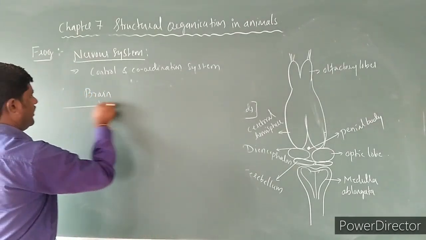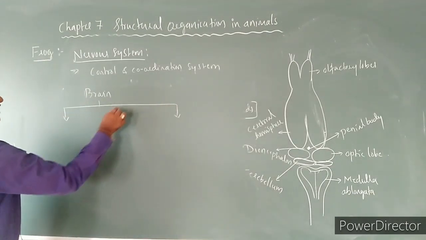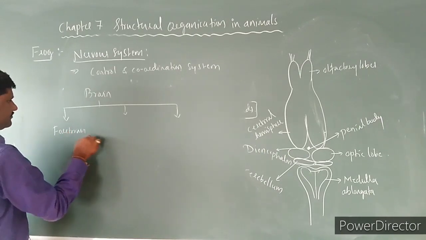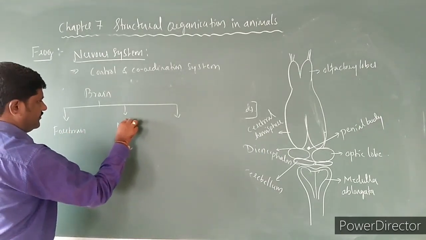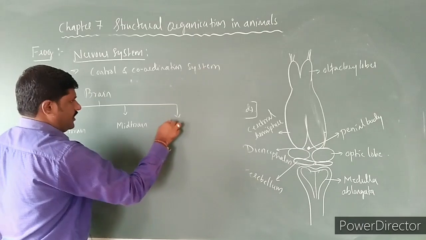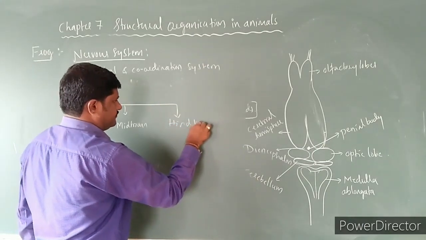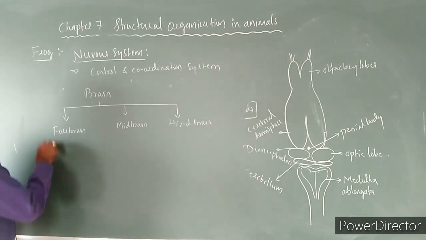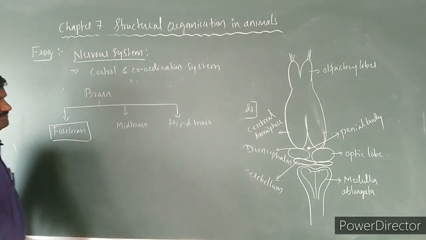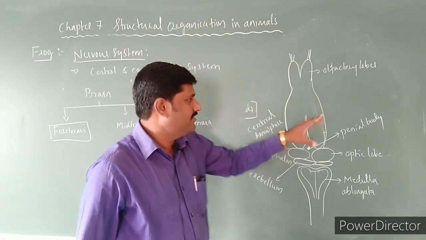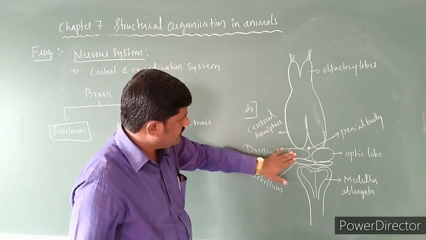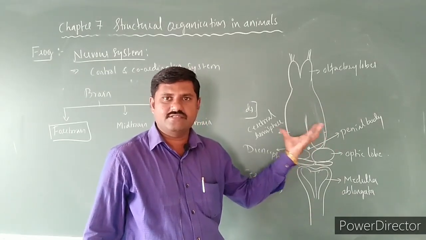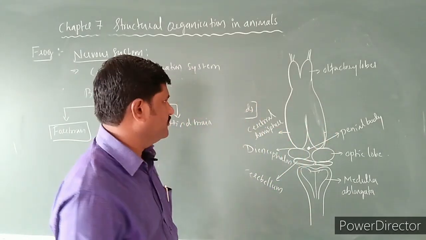The brain has three parts: forebrain, midbrain and hindbrain. These are the three parts. Over here you can see, this is the forebrain, this is the midbrain and this is the hindbrain. So there are three major sections that we come across.